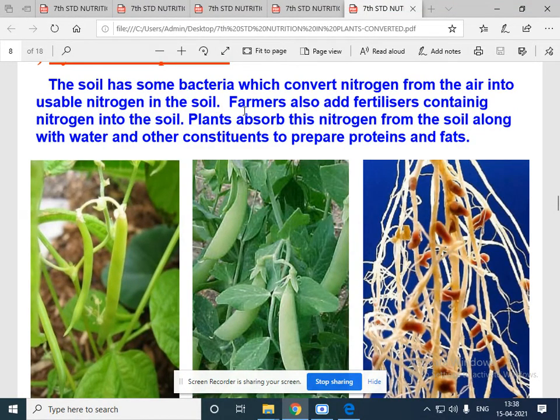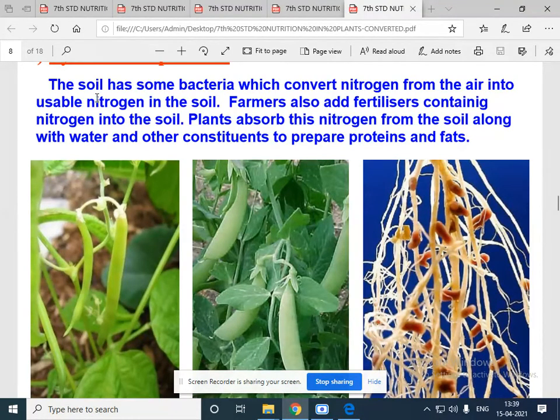After that, farmers also use some fertilizers, which also contain nitrogen. These plants absorb that nitrogen along with water and prepare their proteins as well as fats. So this is one of the important processes.